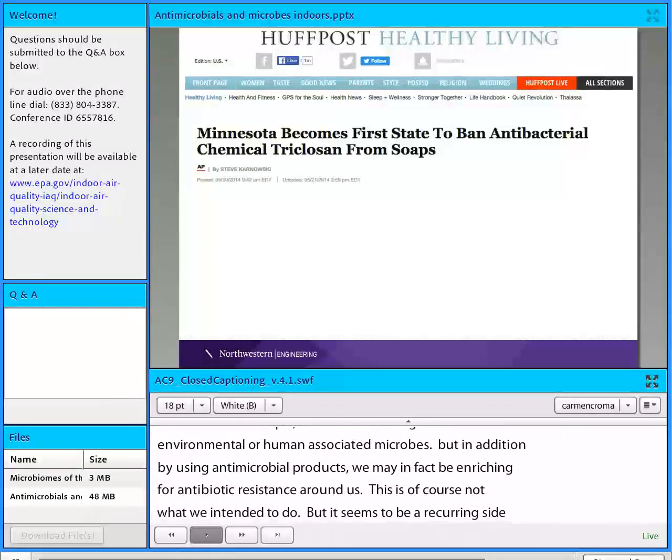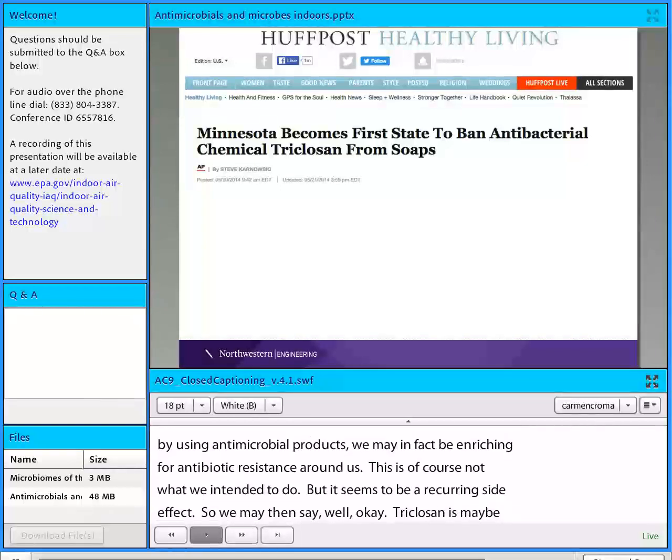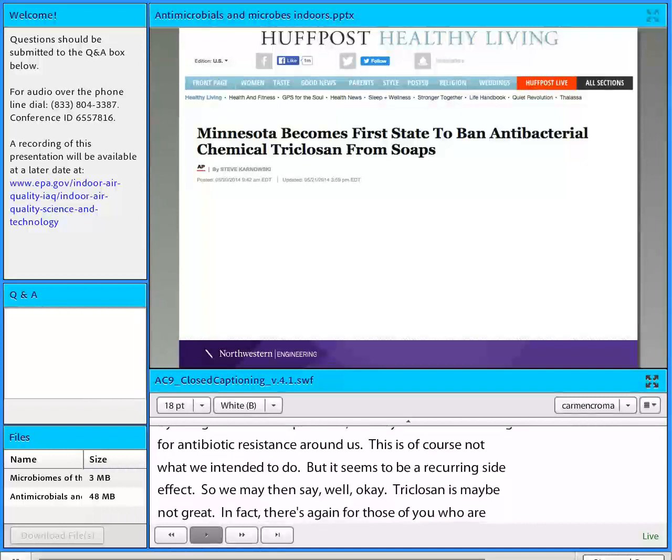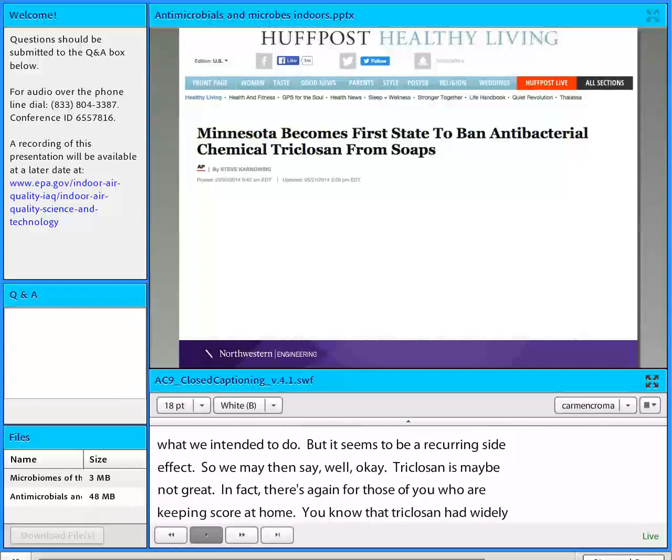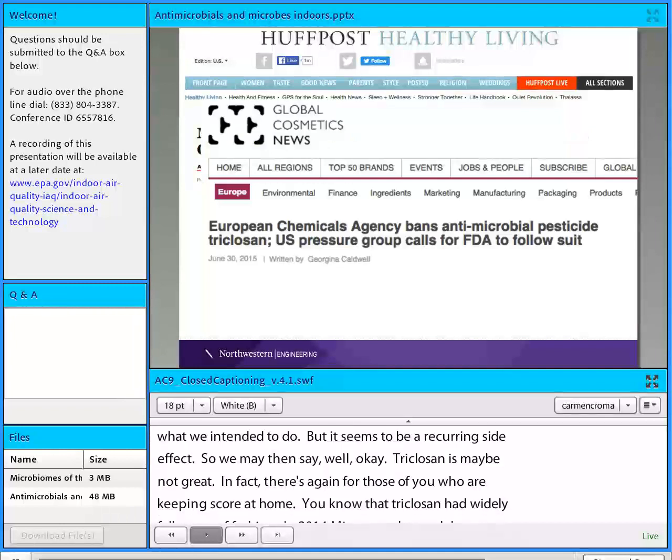So we may then say, well, okay, triclosan is maybe not great. And in fact, for those of you who are keeping score at home, you know that triclosan has widely fallen out of fashion. In 2014, Minnesota banned the antimicrobial triclosan from hand soaps.